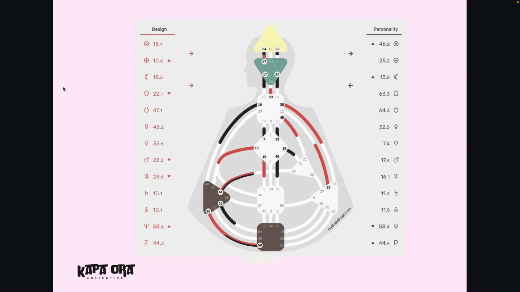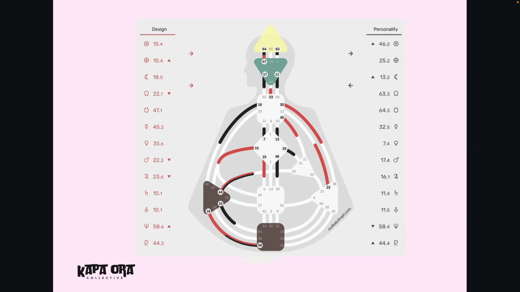And the reason for that, like I said when I introduced this video, is human design is asking what imprint did these planets have on the body, the design side, and the personality or consciousness at the time of birth.